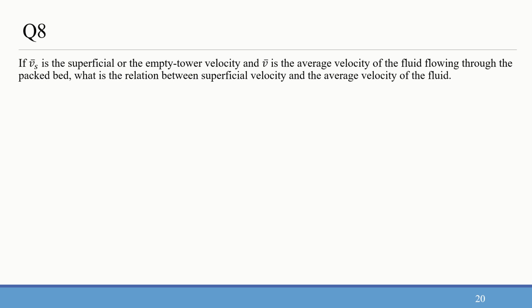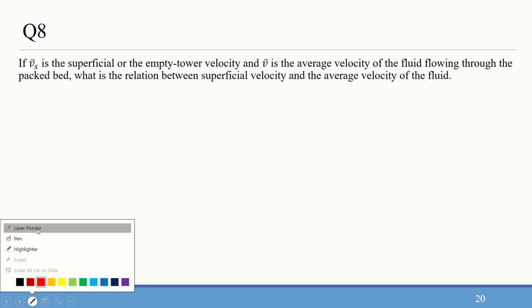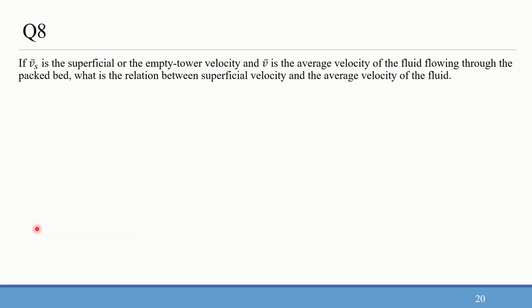Okay, we'll start again. If Vs is the superficial velocity or the empty tower velocity, and V is the average velocity of the fluid flowing through the packed bed, what is the relation between superficial velocity and the average velocity of the fluid?